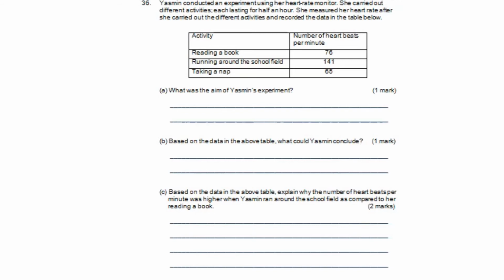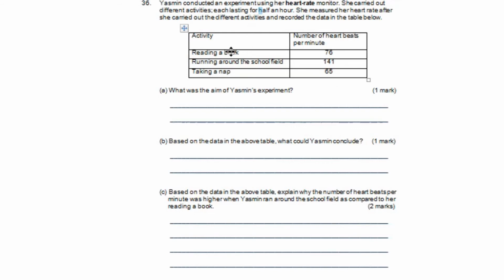Okay, now let's take a look at this question. Yasmin conducted an experiment using her heart rate monitor. She carried out different activities, so something about heart rate, and carried out different activities, each of them half an hour. Her heart rate after she carried out the activities was recorded below.